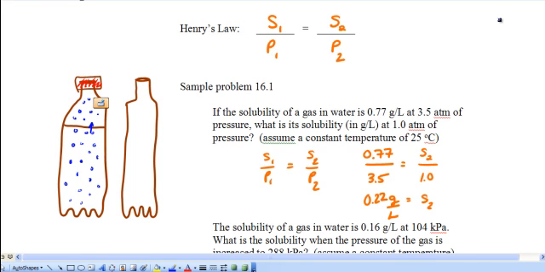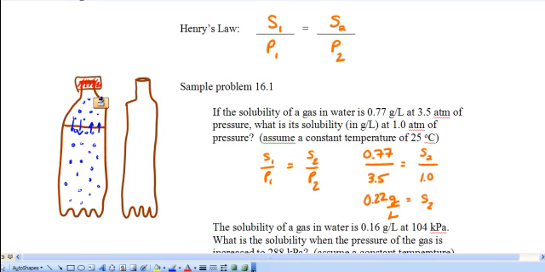And there's an equilibrium where you have equal numbers of gaseous particles going into the liquid as liquid particles going into the gaseous phase. And so with that, you have an equilibrium at a particular pressure.